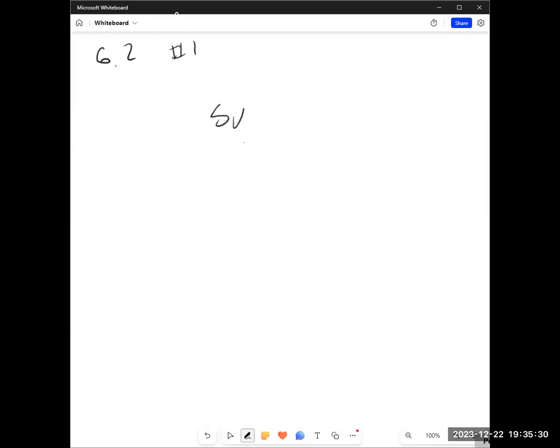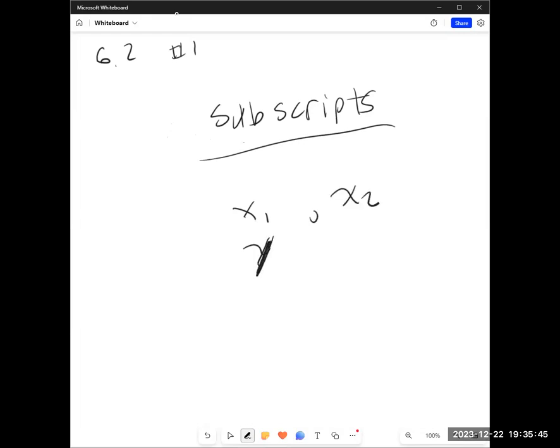The main thing we want to talk about before we get into our examples is this idea of subscripts. And you heard me just say x sub 1, x sub 2, y sub 1, y sub 2. That's how I'm going to read that when there's a subscript.